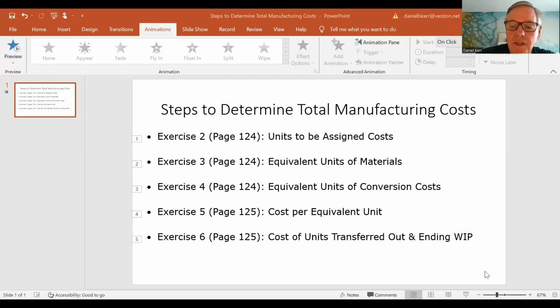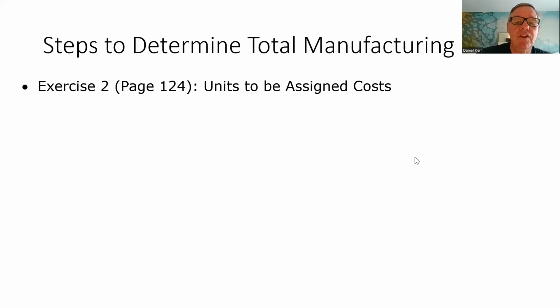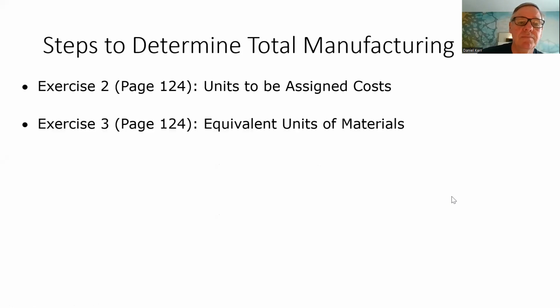So again, when you do this topic, our goal is what are the steps involved in figuring out total manufacturing costs? So step number one is figure out the units to be assigned costs. So here's where you figure out beginning inventory, ending inventory, and the number of units begun and completed this period.